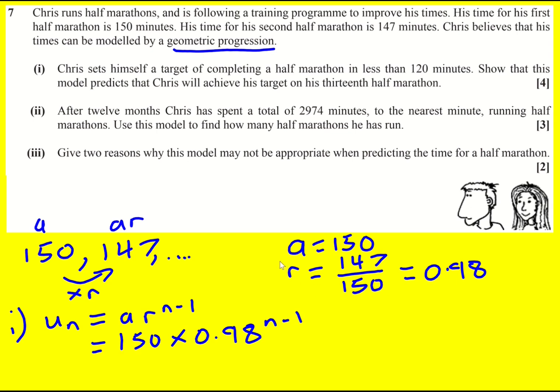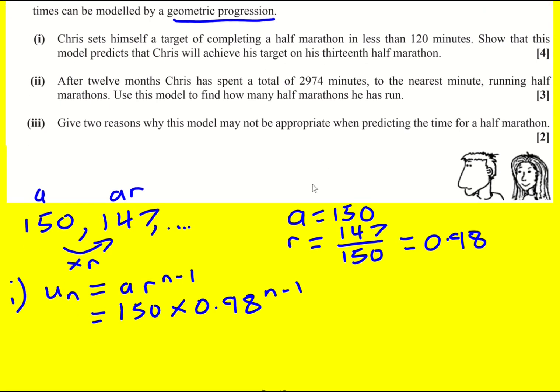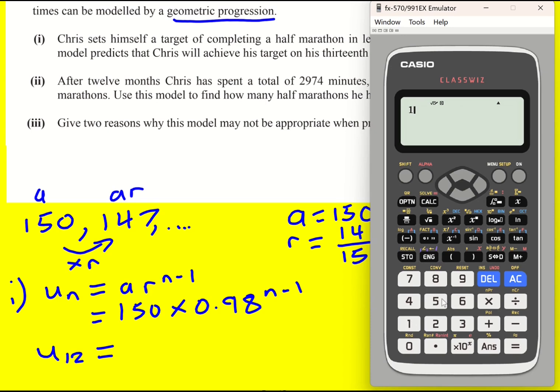And we're interested in whether he achieves his target on his 13th. So we just need to check that he doesn't do it in his 12th, basically. So I'm going to find u12 first of all. I can just put this in my calculator. So 150 times 0.98 to the 11.